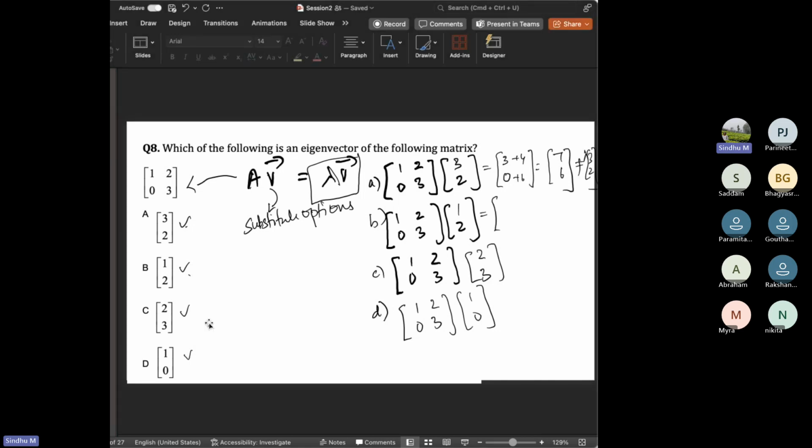So for each of the options, I'm multiplying the matrix A with each option to find out which of these is the eigenvector. If you multiply option B, you get 1 plus 2 into 2, which is 5... and 0 into 1 plus 3 into 2, which is 6. So this will be 5, 6.